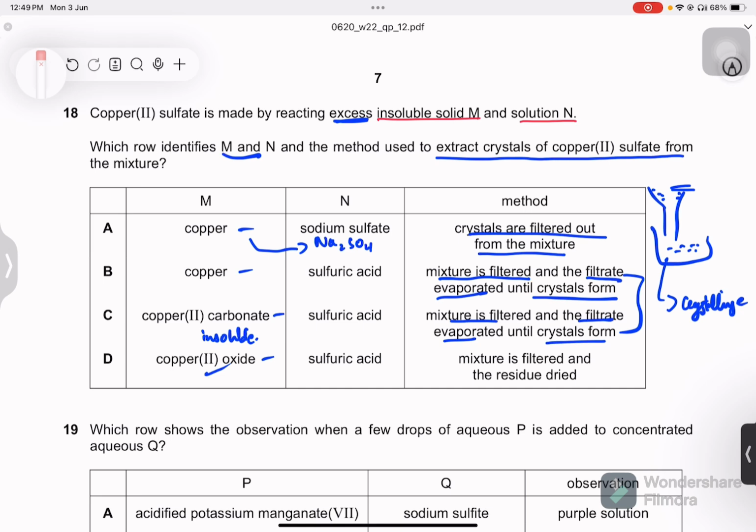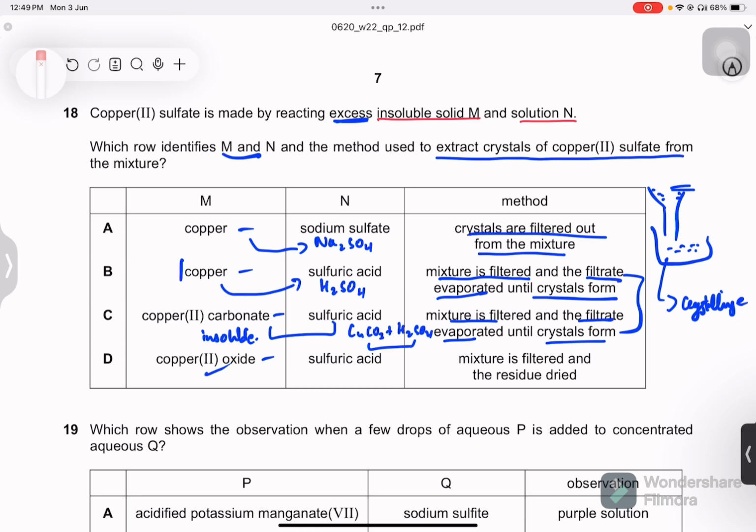So option C seems to be correct. The reason being that copper also cannot displace hydrogen from the acid because it is below in the reactivity series. Here we have two different compounds, copper carbonate plus H2SO4, so the reaction can occur.